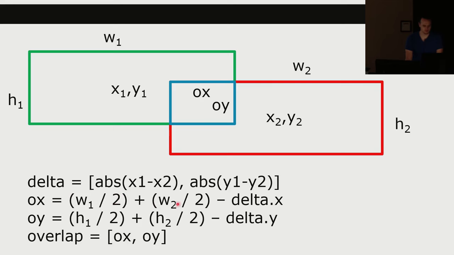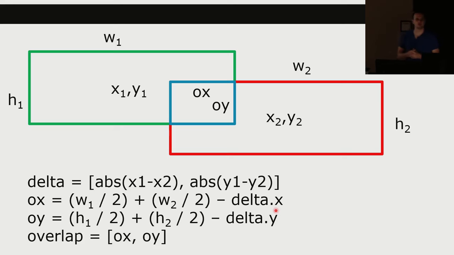You sum up the half widths, and then you subtract the distance. That is the overlap x. Then you have overlap y, which is the sum of the half heights, and you subtract the difference in the y's. The overlap rectangle is going to have the size of OX, OY. And so, how will I know if there's actually a collision by looking at OX and OY?